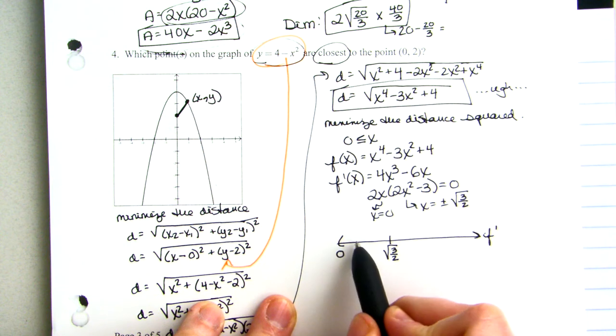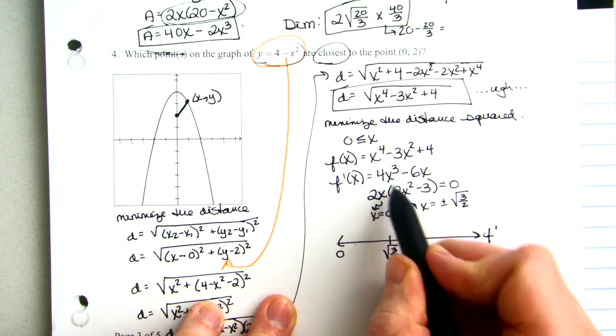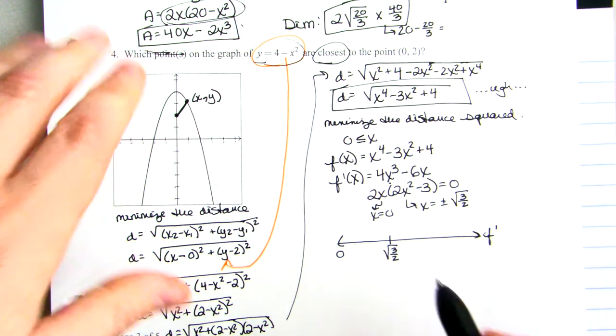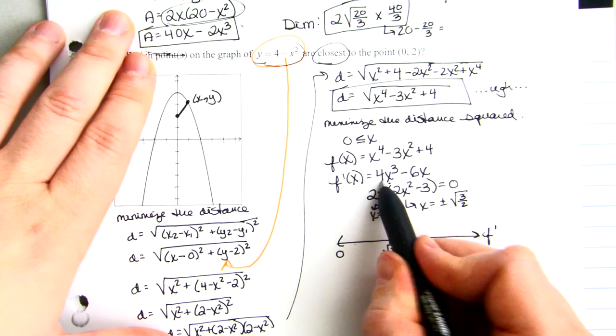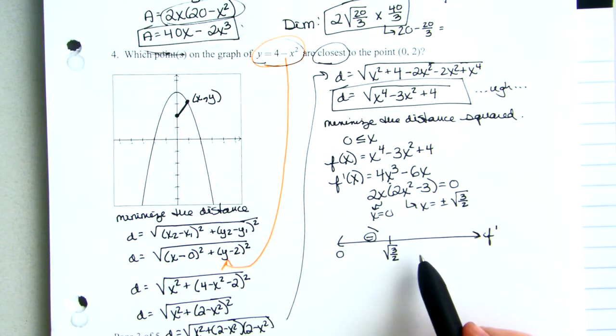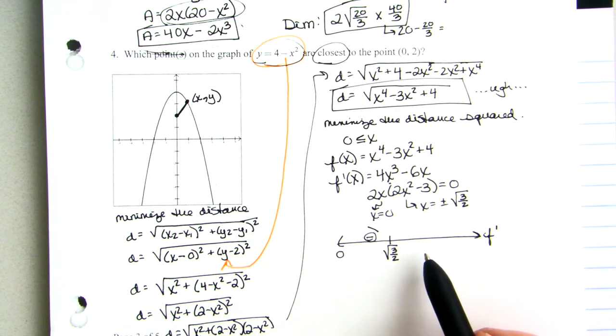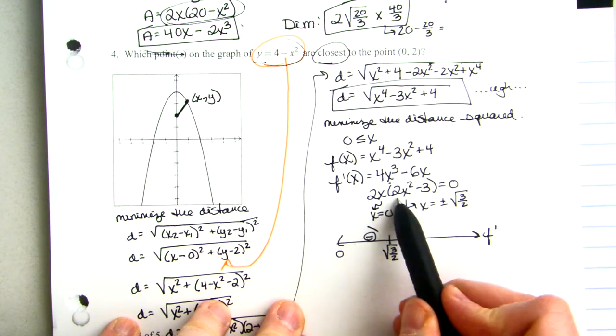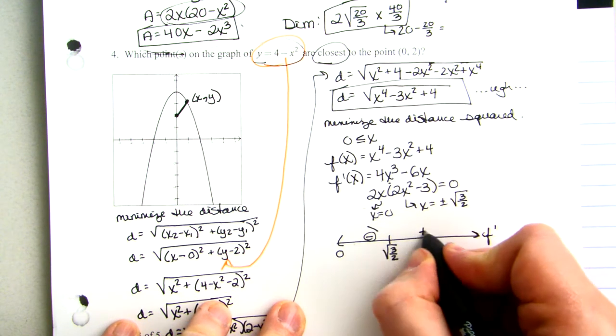If you plug in something like 1 to f prime, is f prime positive or negative? Sorry about that. If you plug in 1, you're going to get 4 minus 6, something negative. Plug in something bigger than square root of 3 halves, 2 would work. You're going to get positive, that region's positive.